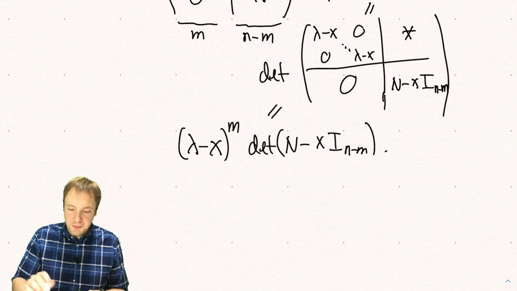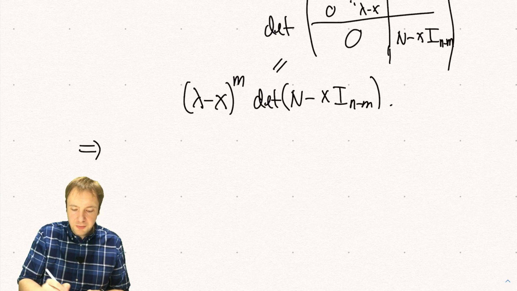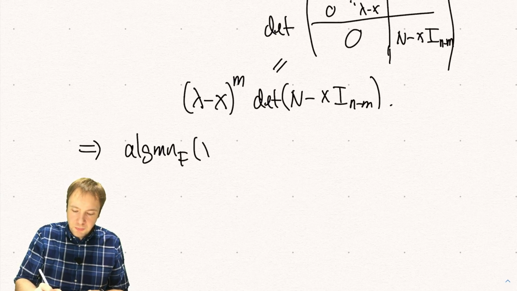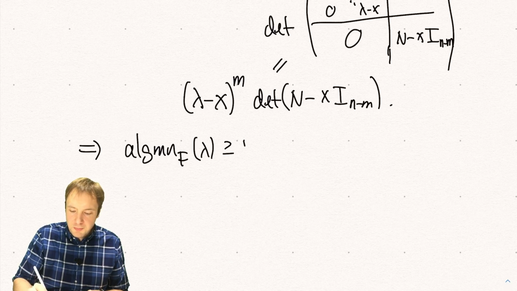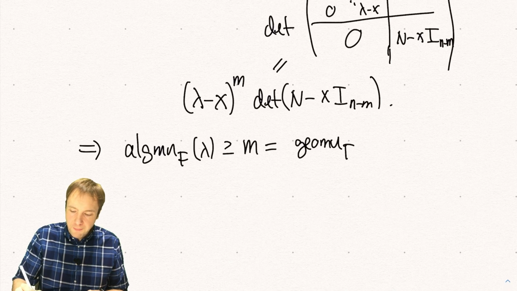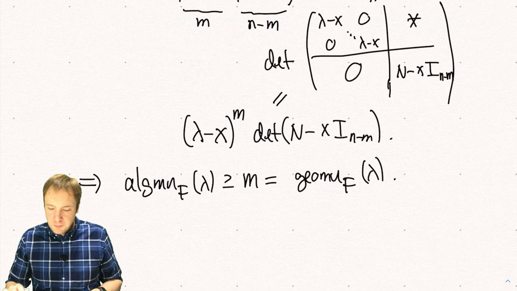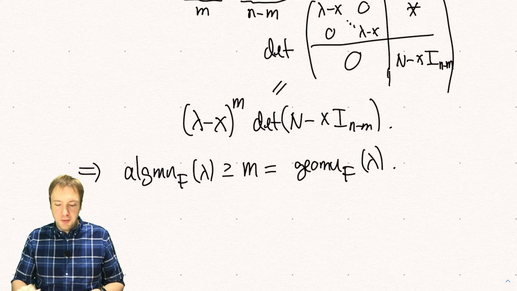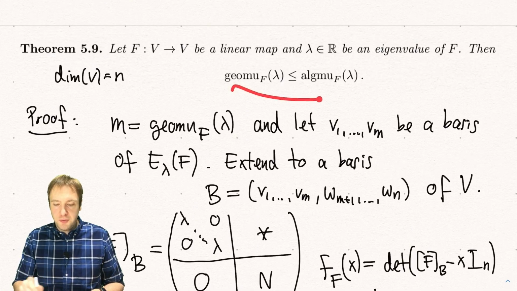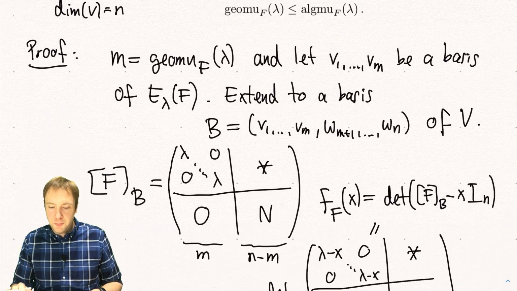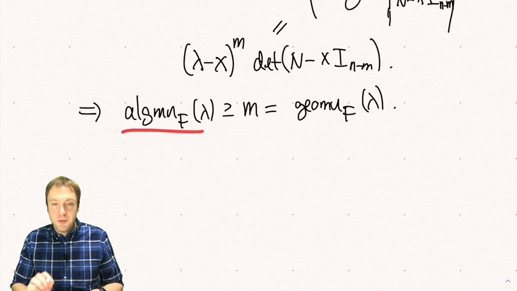So we see that the algebraic multiplicity of lambda is greater or equal to m, which was the geometric multiplicity. Okay, and this is exactly what we wanted to show. We wanted to show that the geometric multiplicity is always smaller or equal to the algebraic multiplicity.